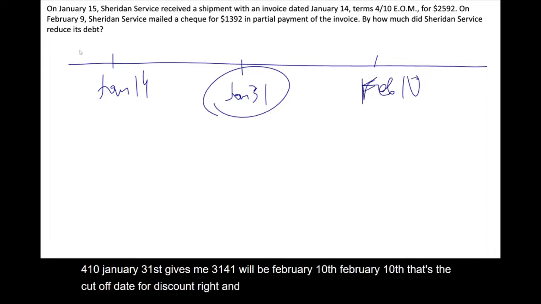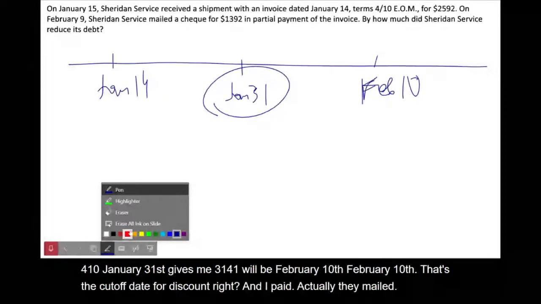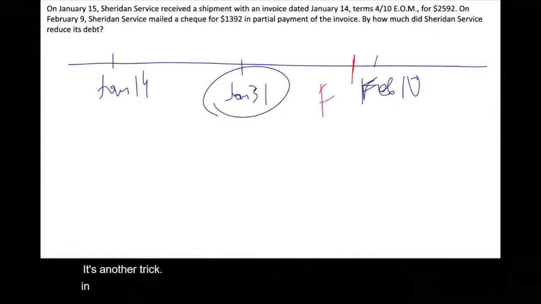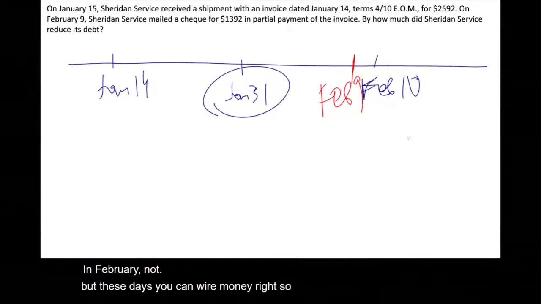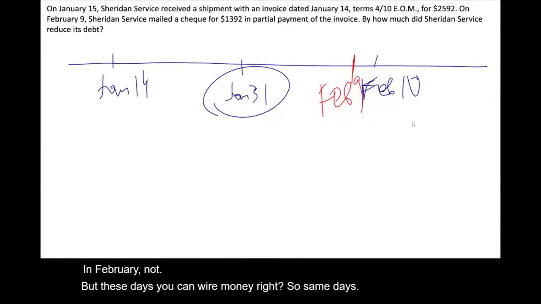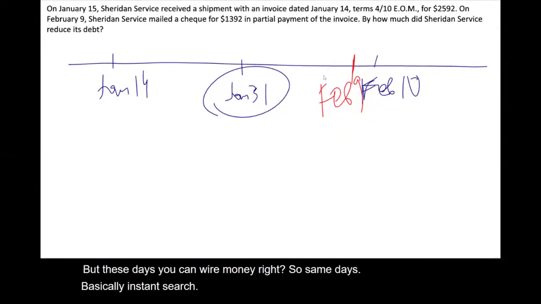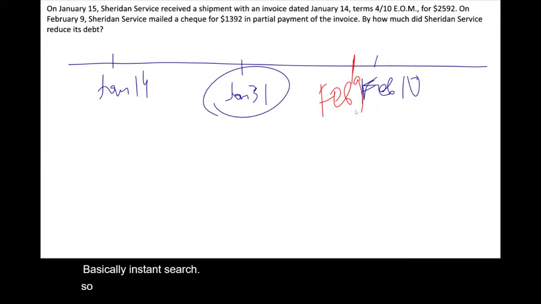And I paid, actually they mailed, it's another trick, on February 9. But these days you can wire money, right? So same day, basically instant service. So February 9, they paid $1,392.